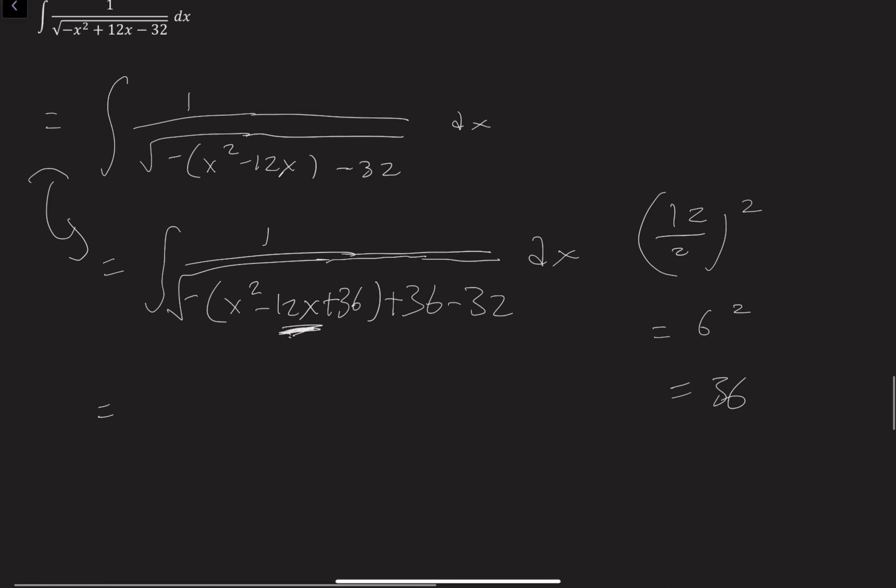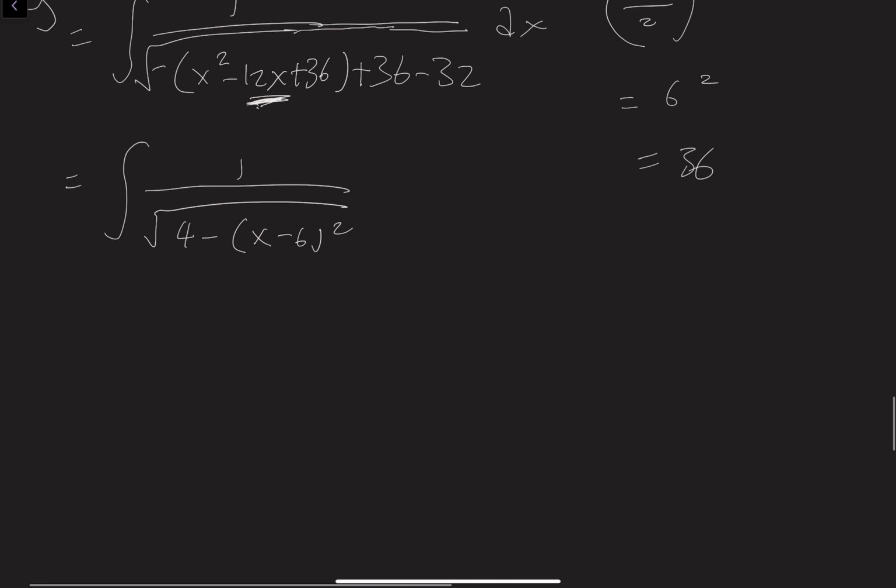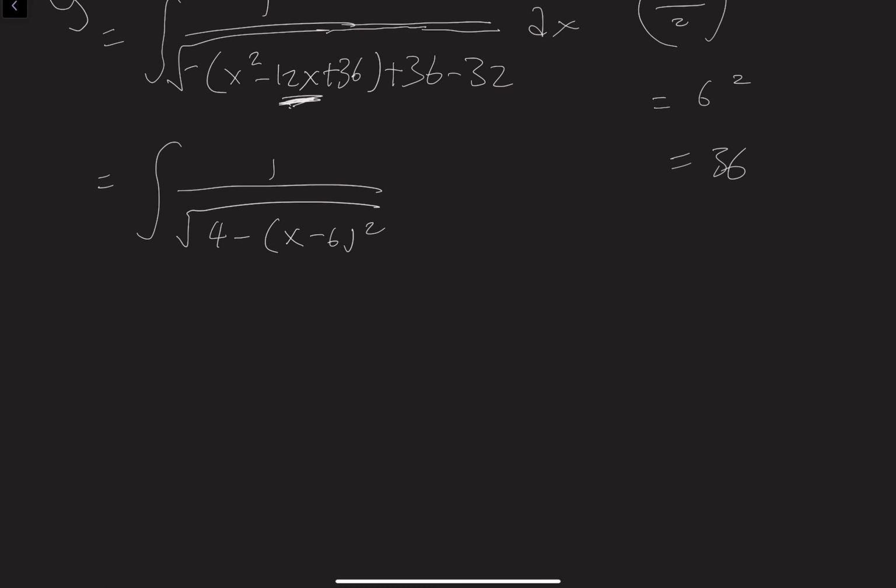And now we can take the integral of square root of 4 minus, we can write this as x minus 6 squared. And what we're going to do next is to factor out the 4 here. Or you can just directly use the equation of arc sine of u over a.